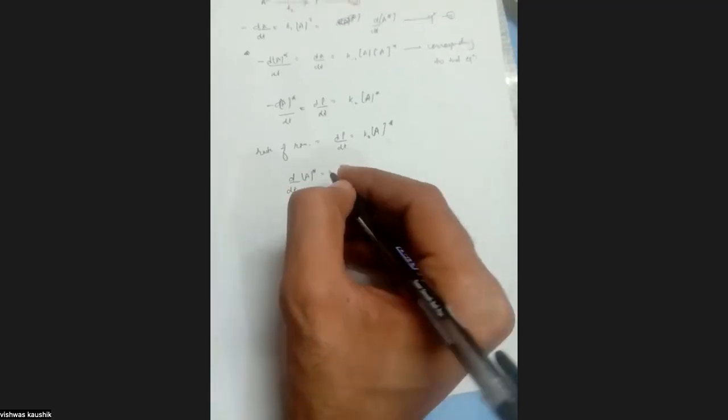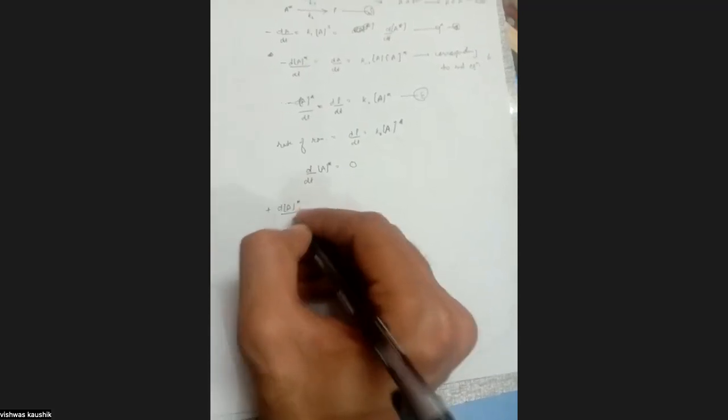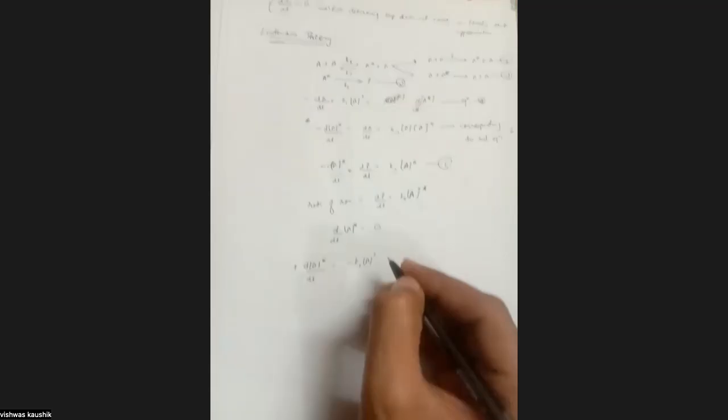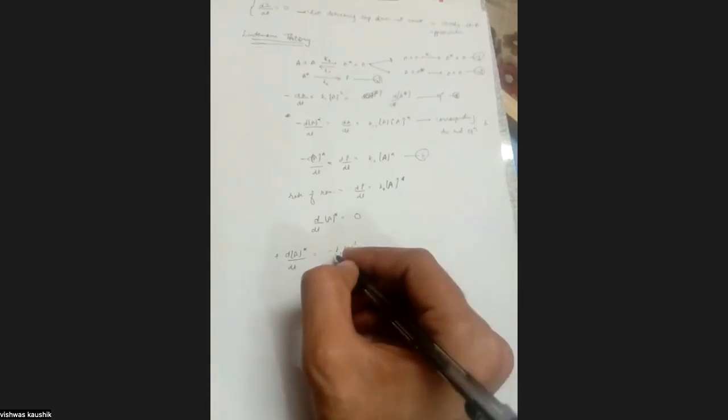So from using the rate equations corresponding to equations first, second, and third, we can say that dA star over dt will be equal to minus K1 A square plus K1 A square minus K minus 1 A star minus K2 A star, which is equal to 0.